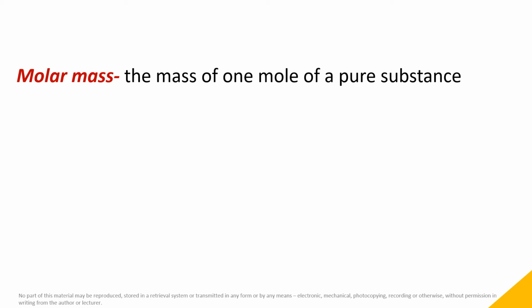Now let's move on with molar mass. So what is molar mass? This is the mass of 1 mole of a pure substance. How do we compute for molar mass? For example, what is the molar mass of magnesium? This time you're going to need your periodic table. Take a look at your periodic table and look for the atomic weight.